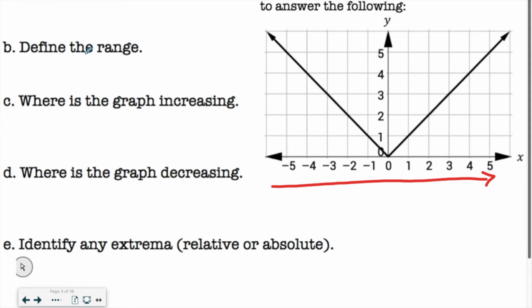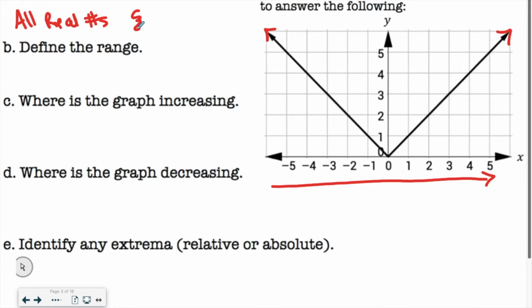So first, the domain is going to be all of your x values. I can see right here that this line has an arrow going out this way and an arrow going out this way, which means it goes on forever. So that is all real numbers. And how you write that is you're going to write the brace that we talked about before.